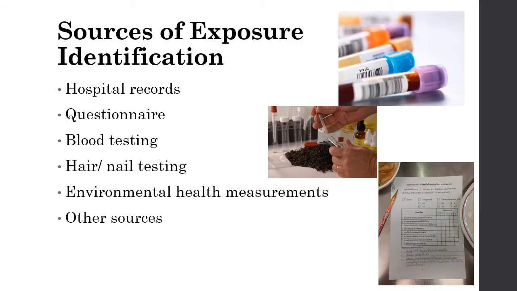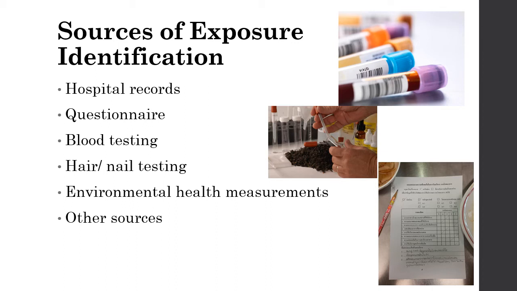All right. What are the sources of exposure identification? Again, the best thing is to go through hospital records. Now, in hospital records, usually you will hear terms like retrospective and prospective cohort studies. The most classical one is the prospective cohort.